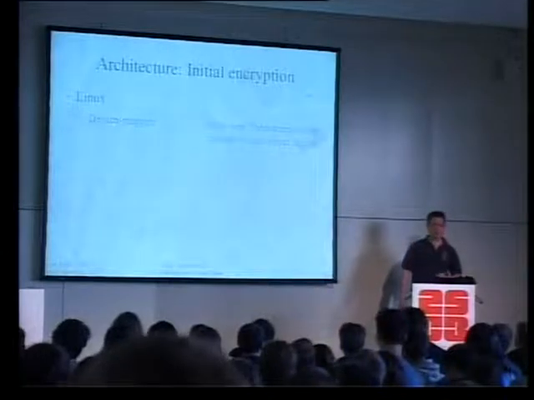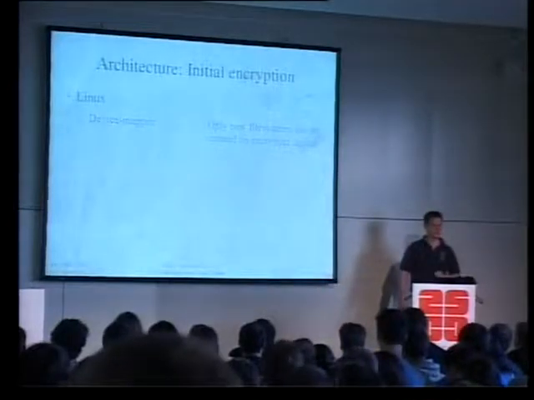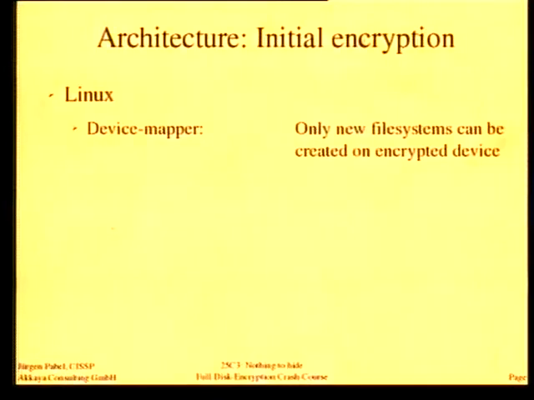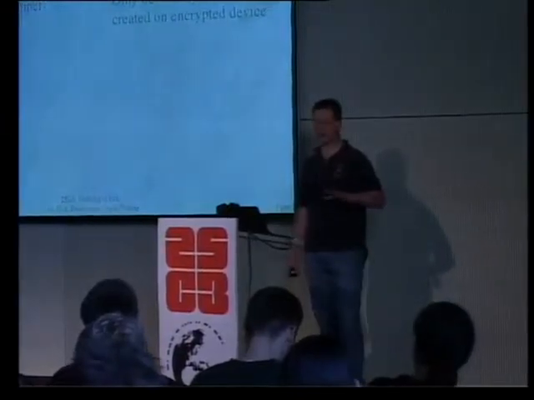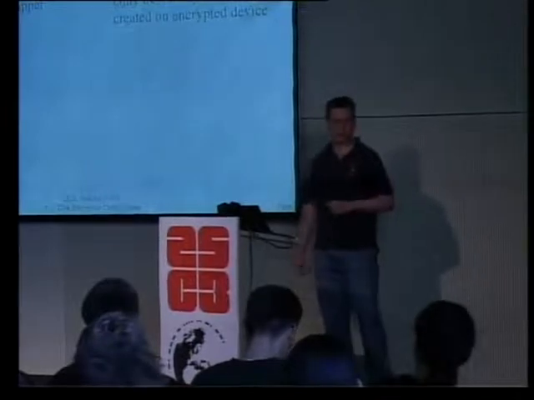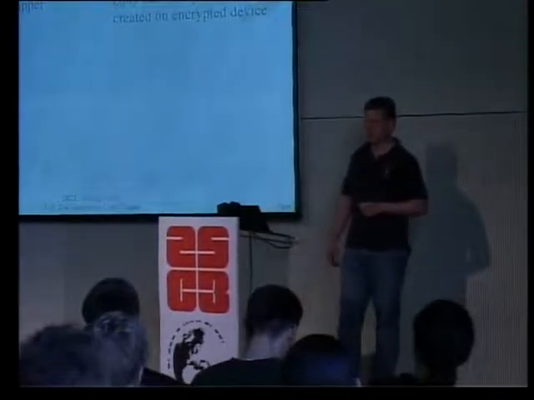So you pretty much have to set up a new file system. Of course, you can just write a new file system over the device mapper onto a new disk and copy your files over. There are several workarounds, but you cannot just transparently tweak some configuration and then your system will be encrypted after a while.